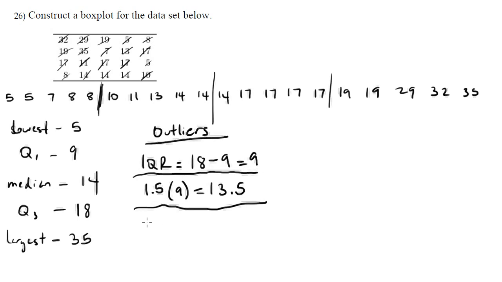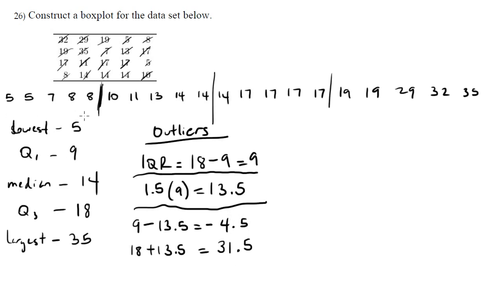Just like the problem before, I'm going to subtract 13.5 from Q1. So 9 minus 13.5 is negative 4.5. And then 18 plus 13.5 is 31.5. So anything in the range from negative 4.5 to 31.5 is good. Everything else is an outlier.